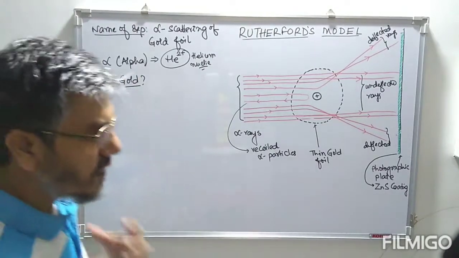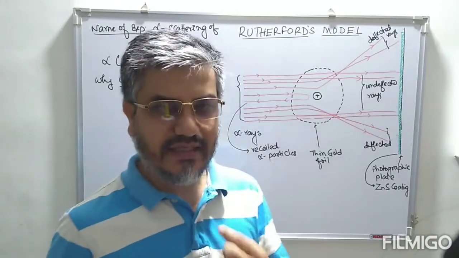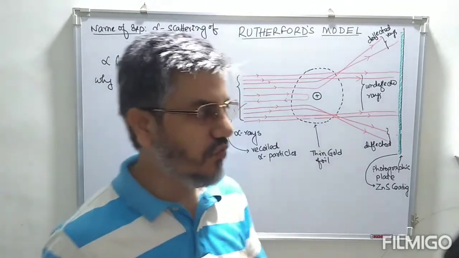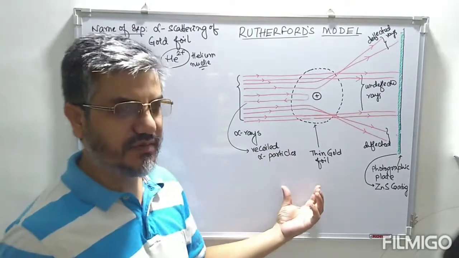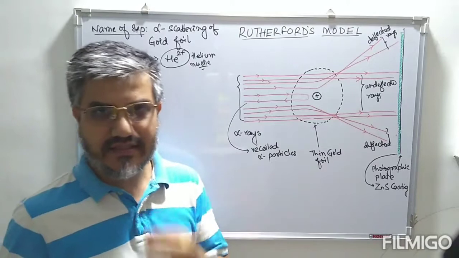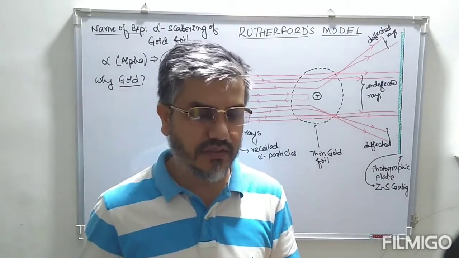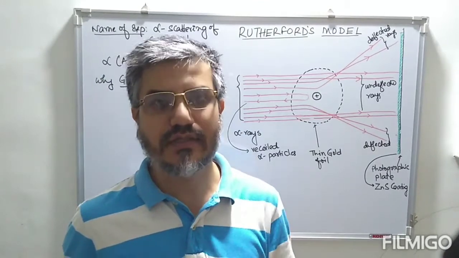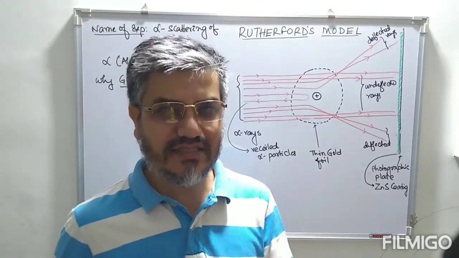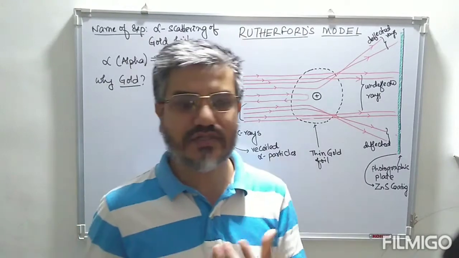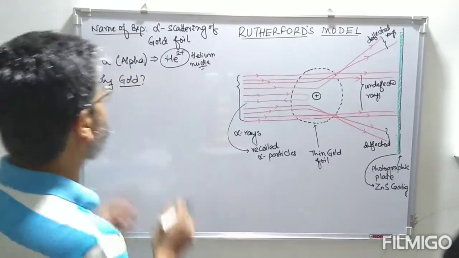He wanted to make the metal foil used in this experiment as thin as possible. So gold, being the most malleable, can be made as thin as possible. So this was the reason why gold was selectively used.